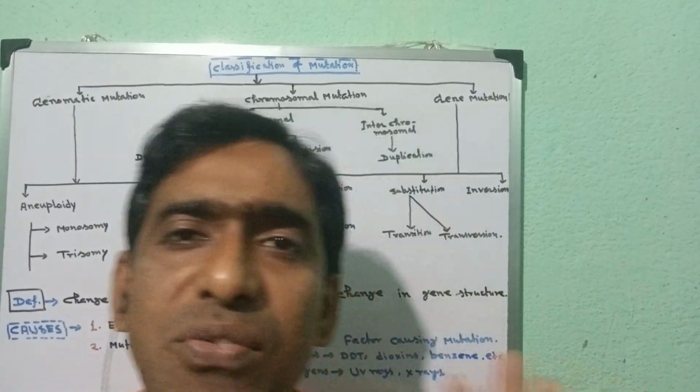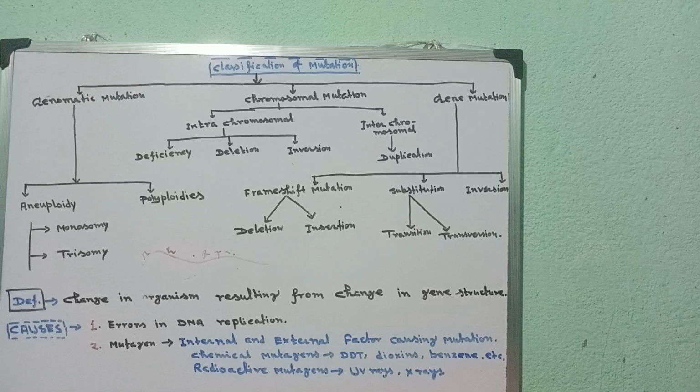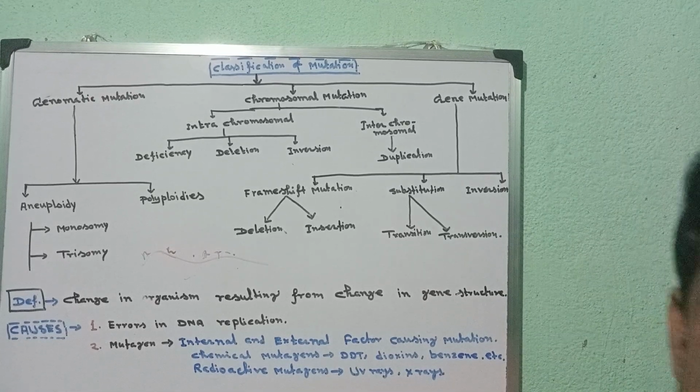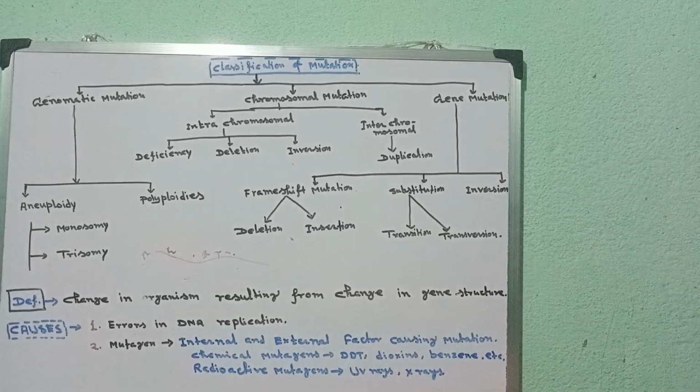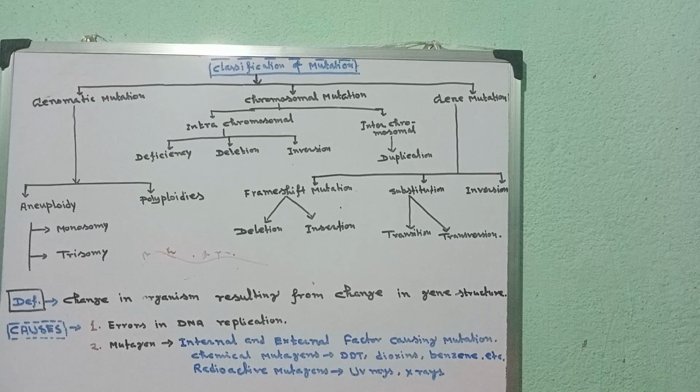So what is the effect of mutation? Mainly, the mutation may lead to cancer or other diseases. Some mutations may have no noticeable effect on the protein they code for.